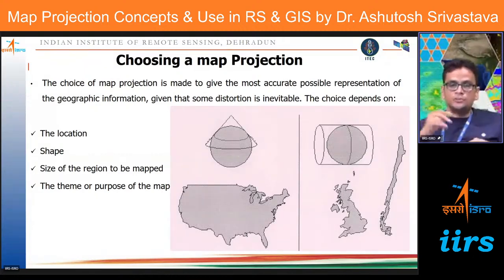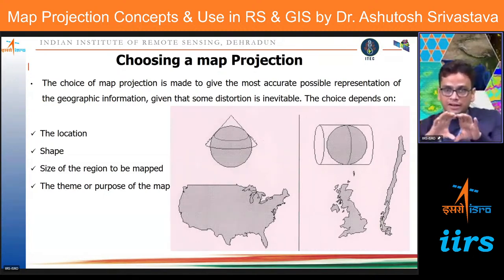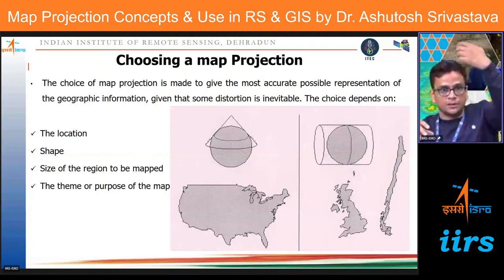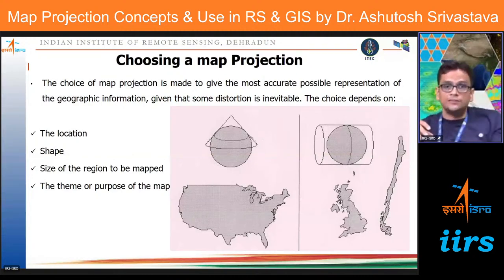polysurface, polyconic projections, and in that also we can preserve the area, we can preserve the shape or other things. Apart from that, we can put the cylinder in a horizontal way, we can put the cylinder in the vertical way. So a lot of combinations can be there, and different map projections can exist.